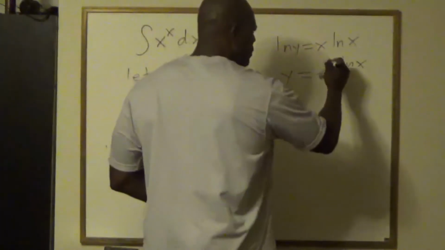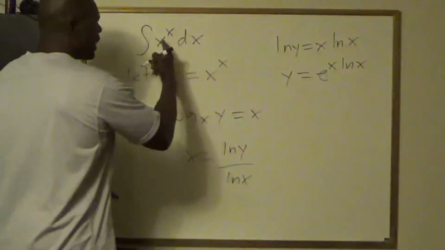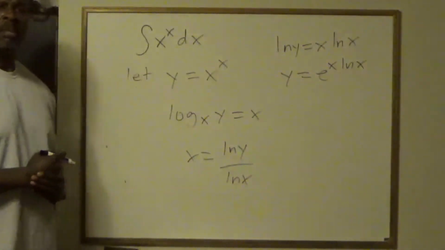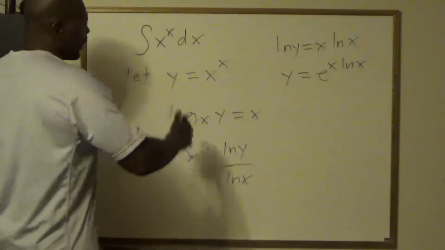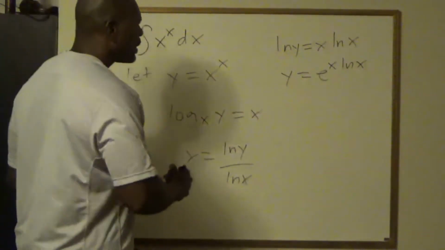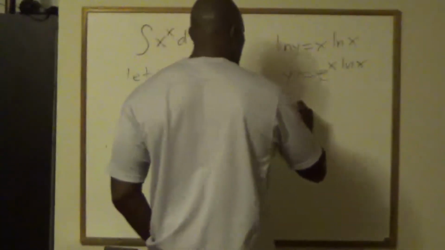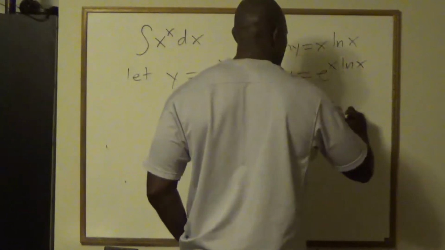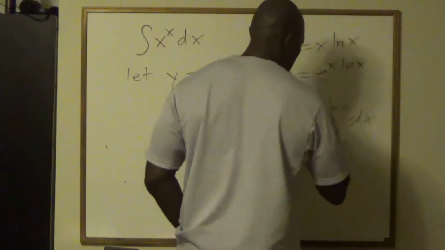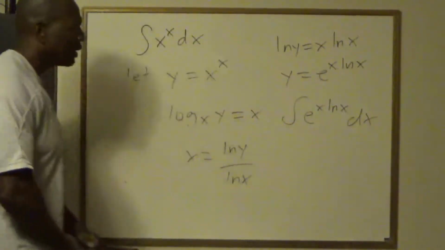So this expression is the exact same as x to the power of x, but it's a better form to attack. So instead of integrating x to the power of x, I'm going to integrate e to the power of x ln x.